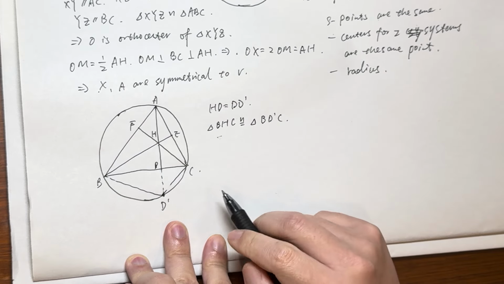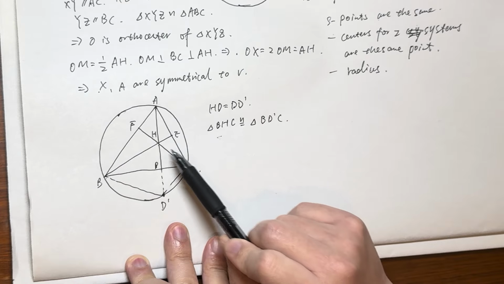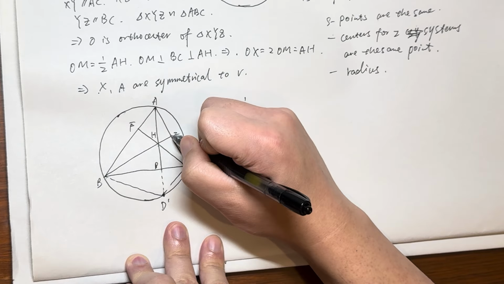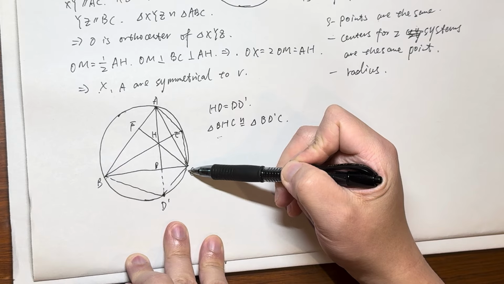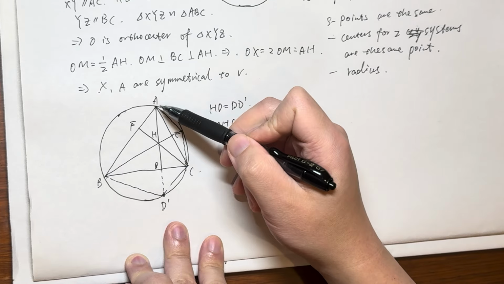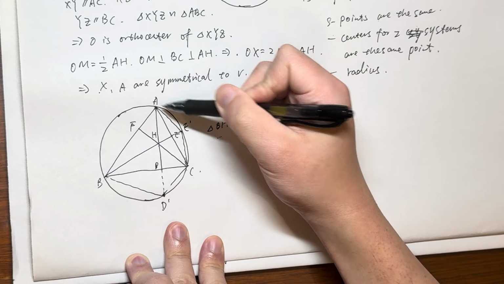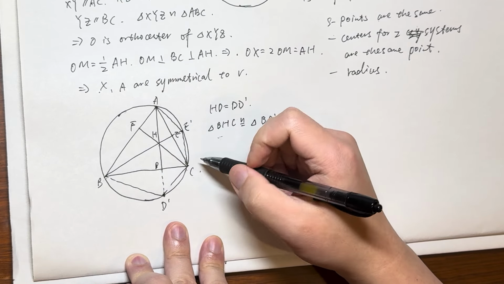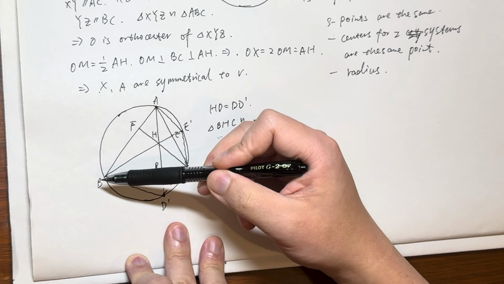Right, we proved that, which means the radius of the circumcircle of triangle BHC equals the radius of the circumcircle of triangle BD prime C. Similarly, the radius of the triangle AHC equals the radius of the circumcircle of triangle AE prime C. And we know that triangle BD prime C and triangle AE prime C are all cyclic in the same circle, which means that the radius of the triangle AE prime C equals the radius of the circumcircle of the triangle BD prime C, right?